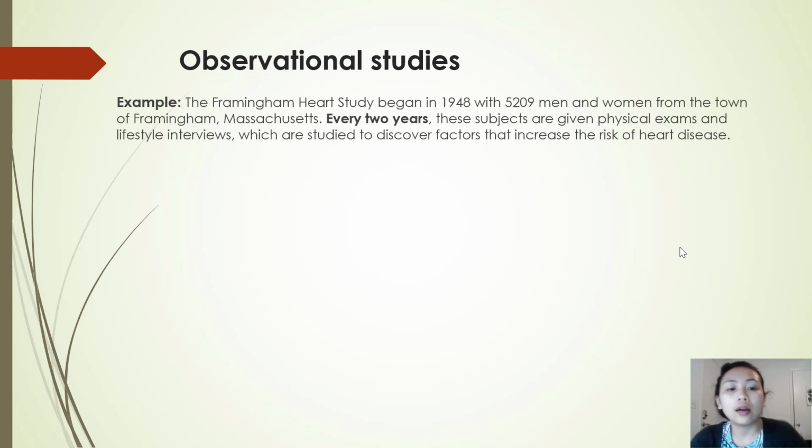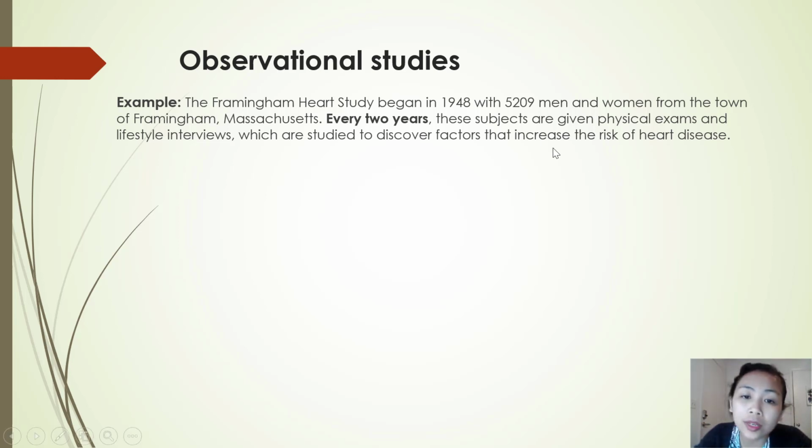First, the Framingham Heart Study began in 1948 with 5,209 men and women from the town of Framingham, Massachusetts. Every 2 years, these subjects are given physical exams and lifestyle interviews, which are studied to discover factors that increase the risk of heart disease.